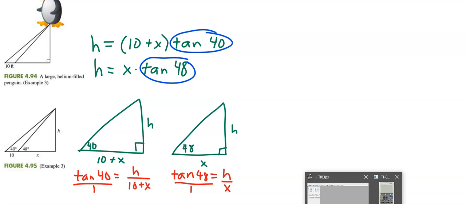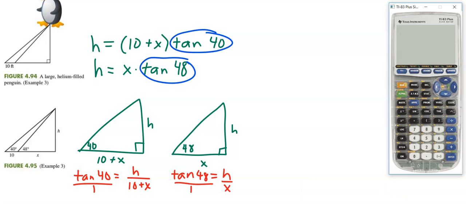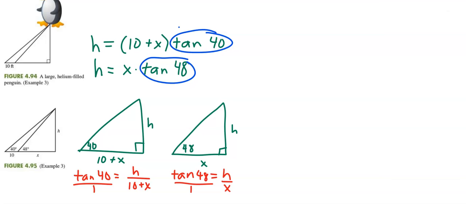In fact, I can show it to you on my calculator. Tangent 40. Now, I didn't say it was a nice number. We'll take it to the ten-thousandths place, so we'll call that 0.8391.